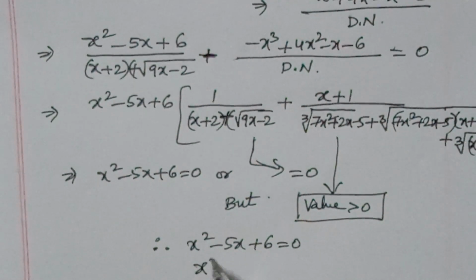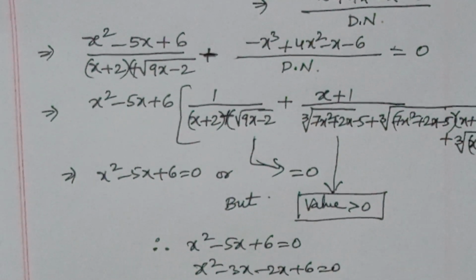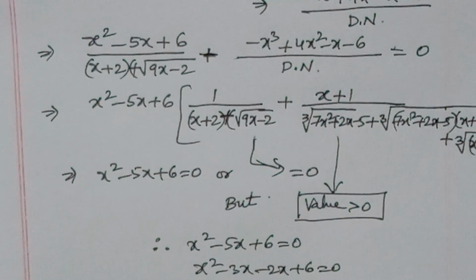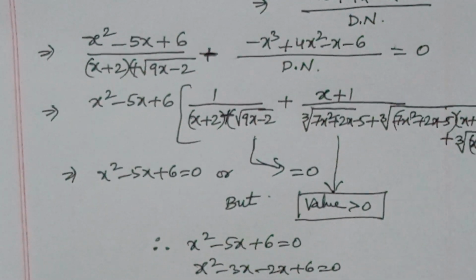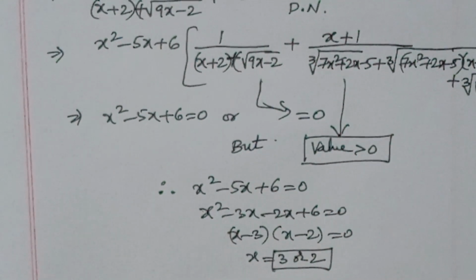So here you'll get x square minus 3x minus 2x plus 6 equal to 0. x minus 3 into x minus 2 equal to 0. x equal to 3 or 2. So therefore the values are x equal to 3 or 2.